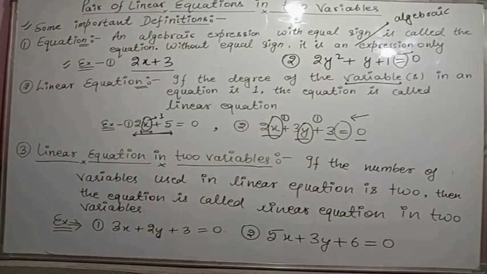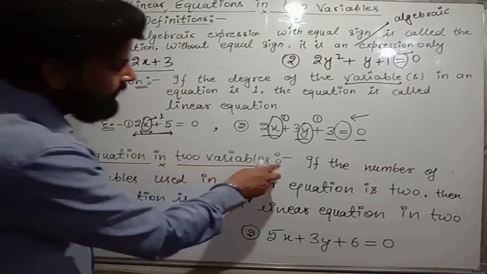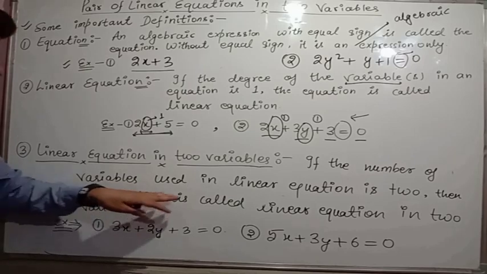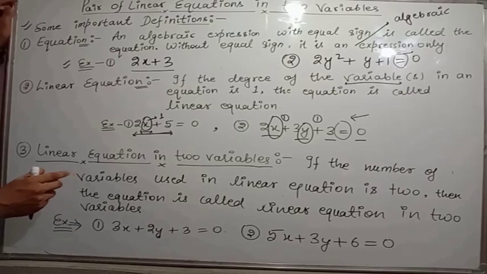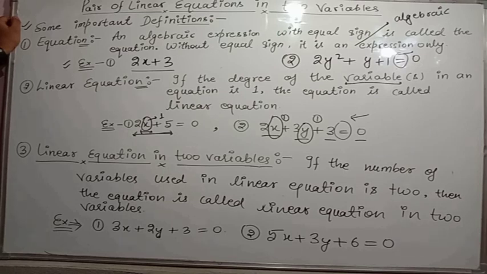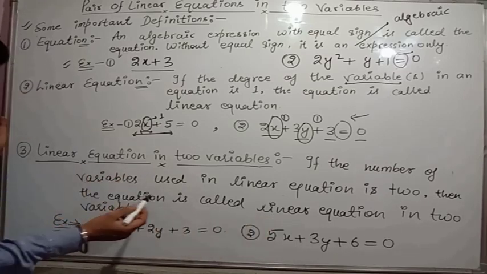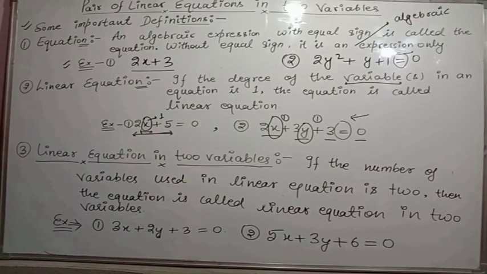Now come to the third definition, that is linear equation in two variables. If the number of variables used in a linear equation is 2, if there are two variables in a linear equation, then we say this equation is a linear equation in two variables.